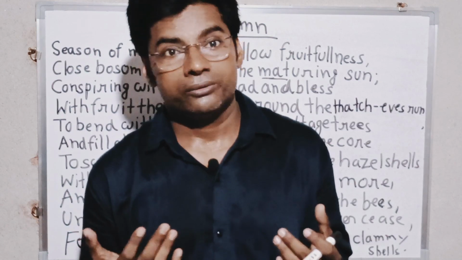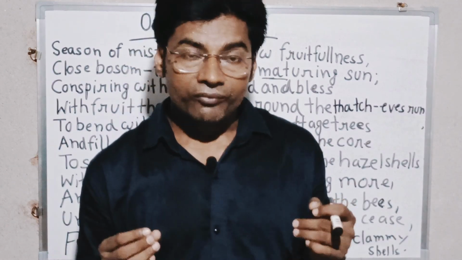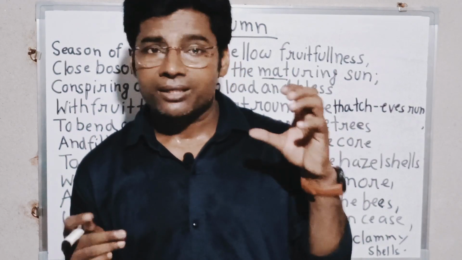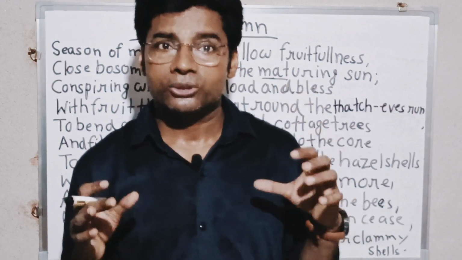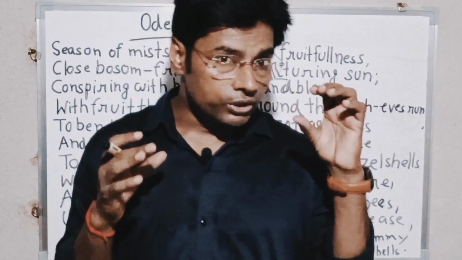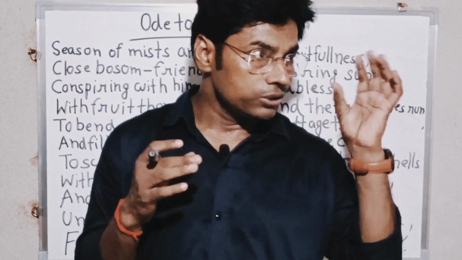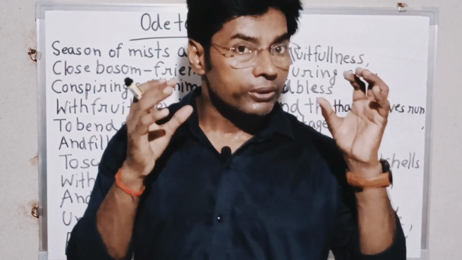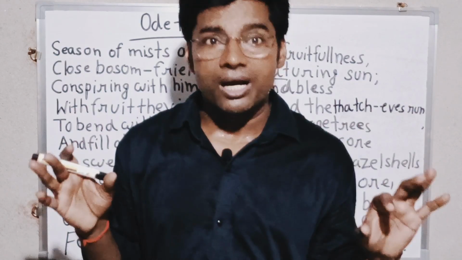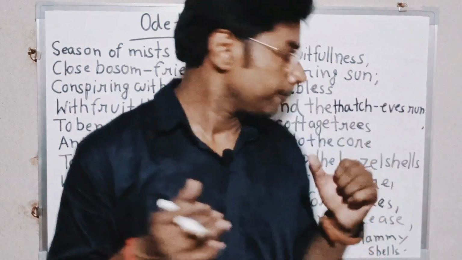So somehow John Keats had that kind of apprehension, and that's why he is using autumn to give a hint of approaching death, that winter that will seal and destroy everything. So look at the poem.